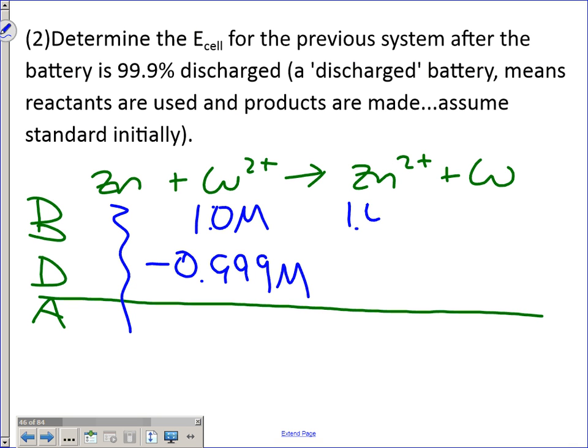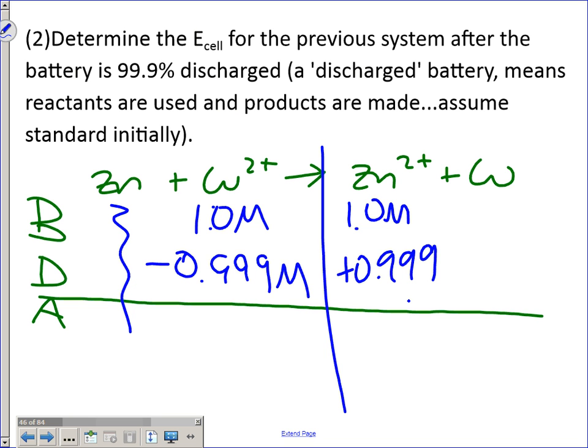So we have already considered the reaction is at its initial, the standard conditions. Now you're taking away from reactants and adding to products, so you're adding 0.999 molar here. Ignore copper because it's a solid. So what's our final? 0.001 molar. This is after 99.9% discharge, and this is 1.999.